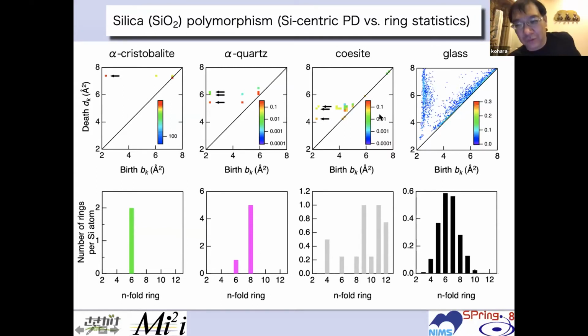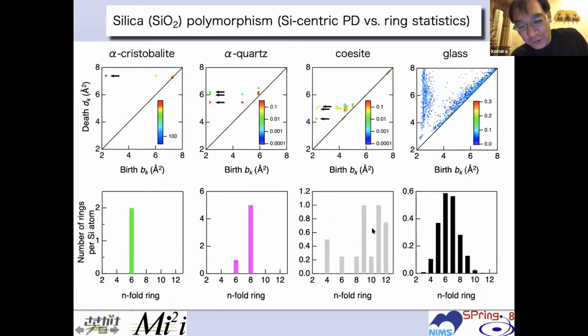First of all, I would like to show you ring statistics. This is the 6-hole ring I showed before, and this is typical for a crystalline phase. In quartz, we can find a large fraction of 8-hole rings. But in the case of quartzite, there are various ring sizes.